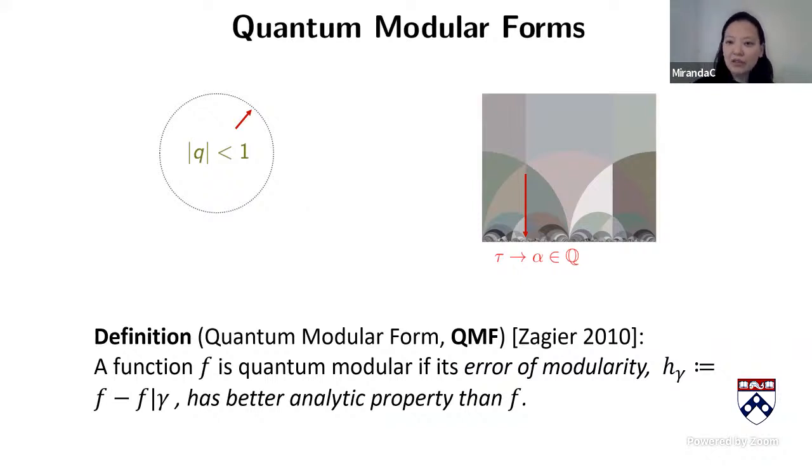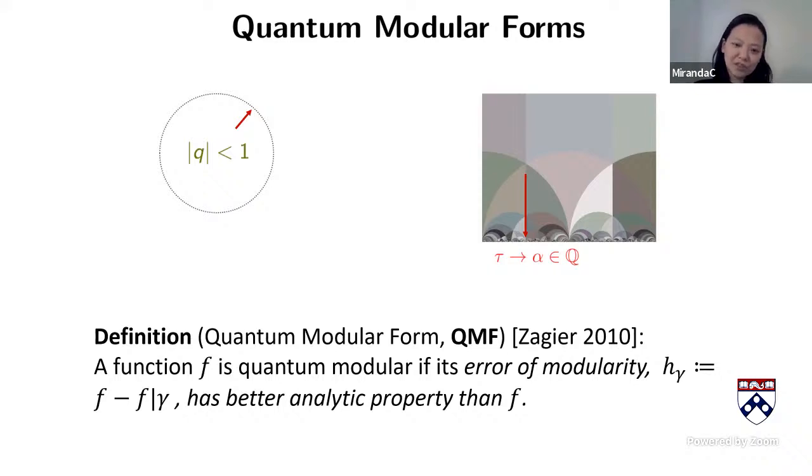So, coming back to what actually is a quantum modular form and how it generalizes the usual modular form. Here I'm taking the definition by Zagier, which, as he said, is deliberately vague.